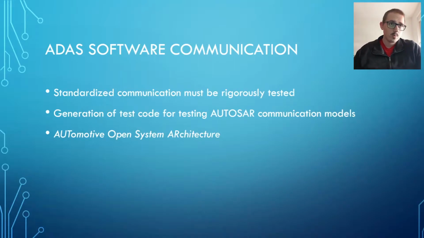AUTOSAR is shortened for Automotive Open System Architecture, which is an architecture made for developing test codes within vehicle systems, specifically oriented on communication. AUTOSAR is in general more of an international partnership of automotive companies whose purpose is to introduce standardization in the creation of software and hardware architecture in the automotive development environment.